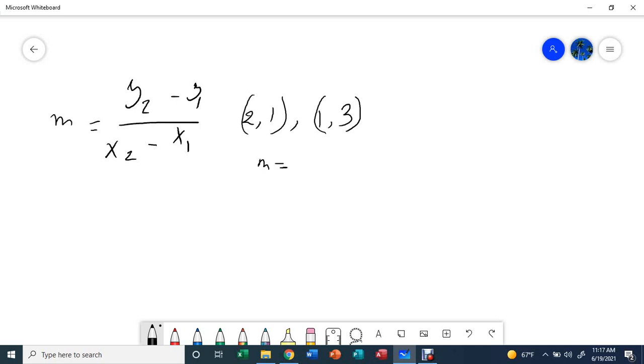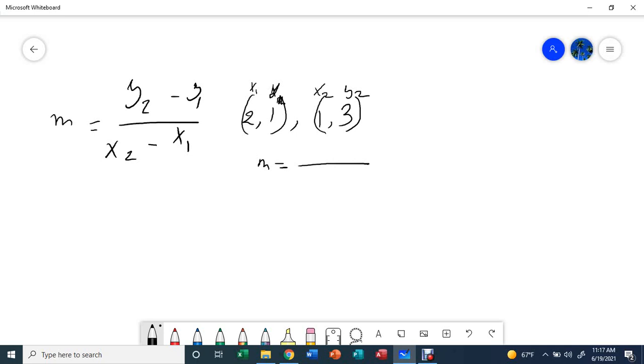m equals, so you can label this as x2 and this as y2, and these two as x1 and y1. It doesn't matter which one you label as x1 and x2, but just keep them in order.